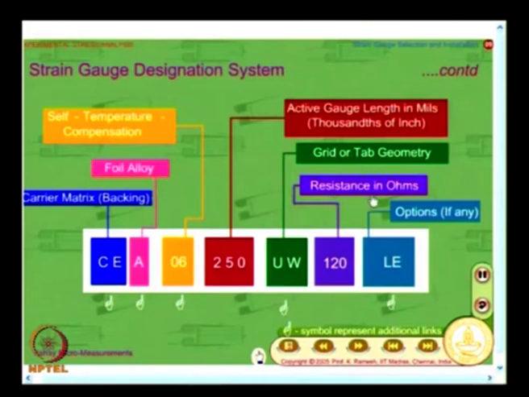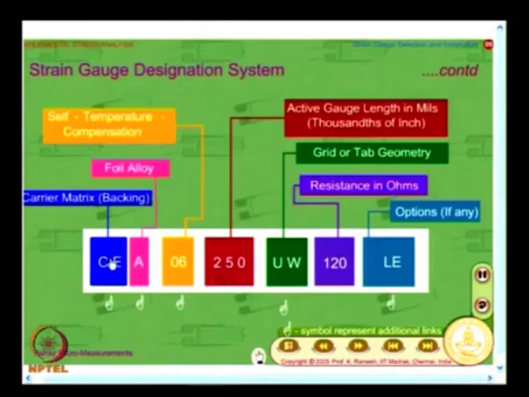Then you have resistance in ohms. So, when you look at the designation, you will know whether you are talking about 120 ohms or 350 ohms, and finally, you will have options. And we will see some of these parameters.